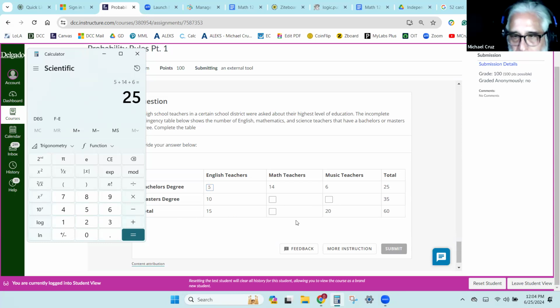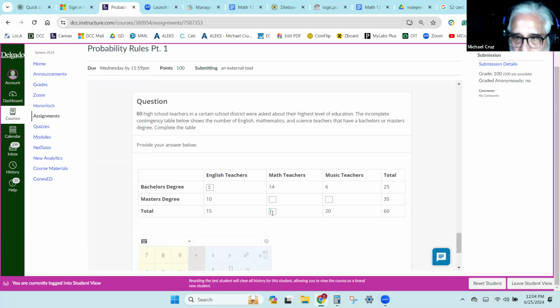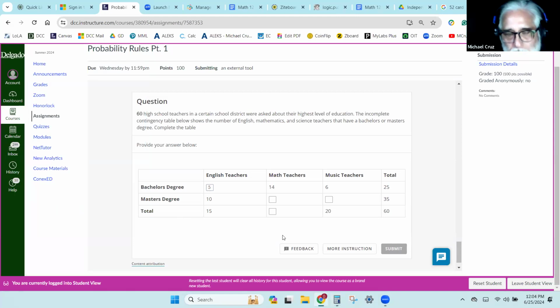All right, let's see. I'm going to do this one next because it's only missing one. Go the easy route, because if you try to do these, it'll be a little bit harder. We could also do this one, but I'm going to do this one. So what I got to do is find the missing number that gives me 60.